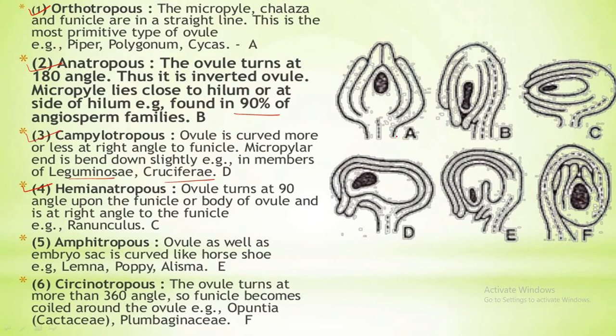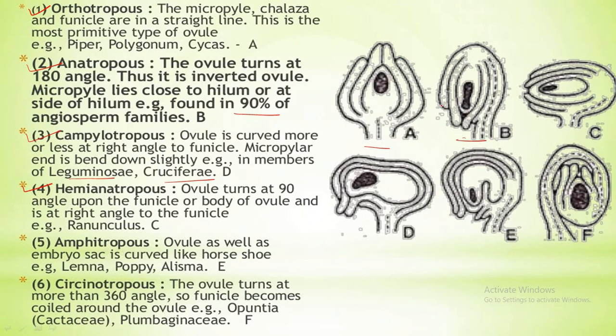Here diagrams are also given. You can see here it is orthotropous, where the micropyle, chalaza and funicle are lying in a straight line. The second one is the anatropous, where the body of the ovule is completely inverted.